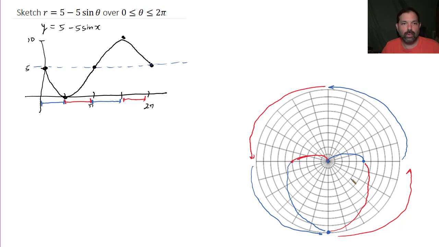But if you know how to sketch the Cartesian graph, which you're supposed to know from a previous chapter, then you can probably translate that to the polar graph by thinking in terms of the chunks, the pieces, and what's happening to the r value. Alright, so I'm going to stop this video, and in the next video we're just going to do more examples.